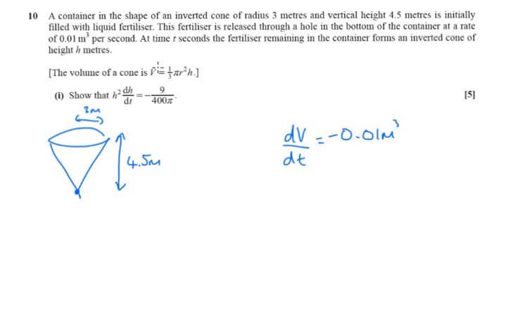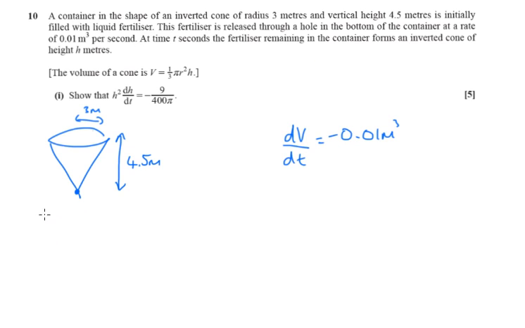We've not even got a height related to the volume because of this r term as well. So we're going to have to get an equation for the volume of the cone just to do with the height, and we need to try and eliminate the radius.